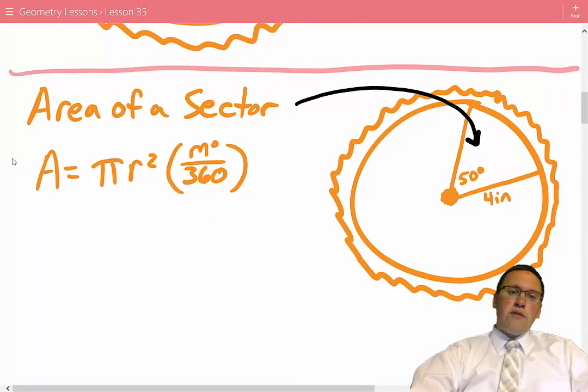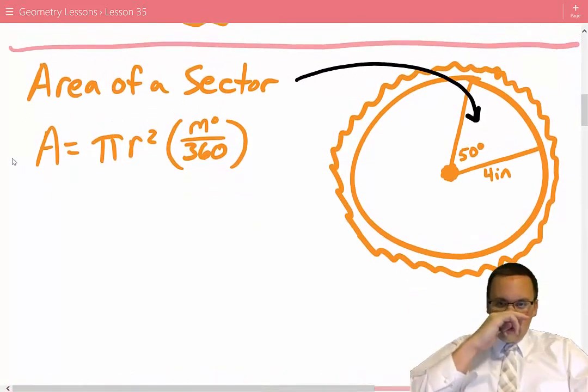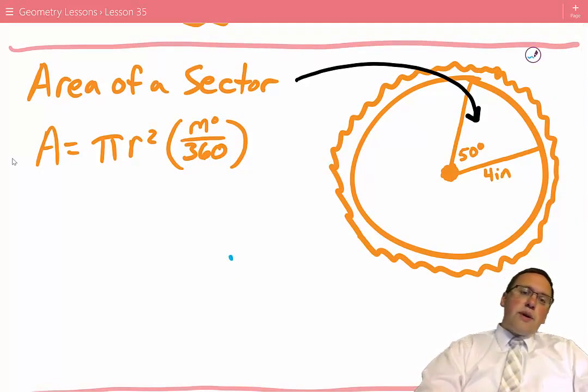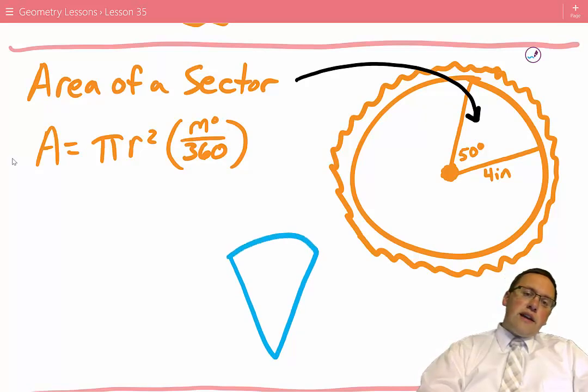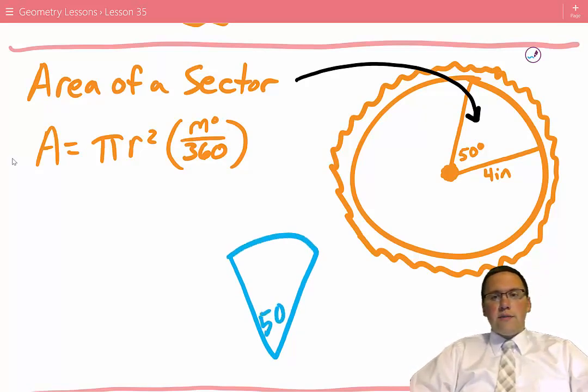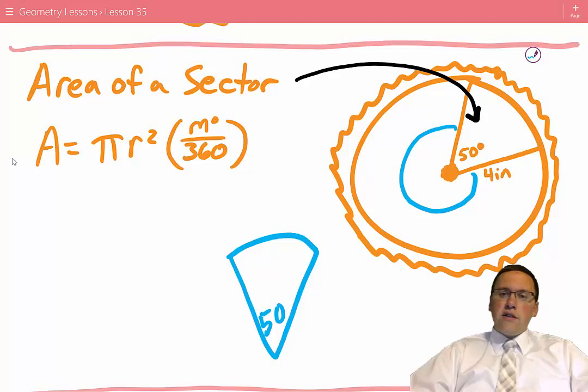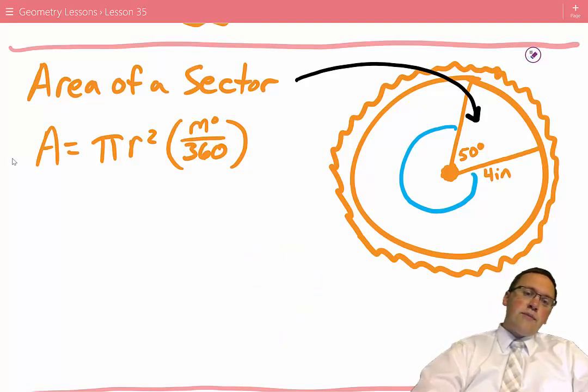Well, if you knew the formula for the area of a sector, you'd be in good shape. What if your piece of pie had a central angle of 50 degrees? Well, if you consider the full pie, all the pieces added together, their central angles would all add up to 360 degrees.